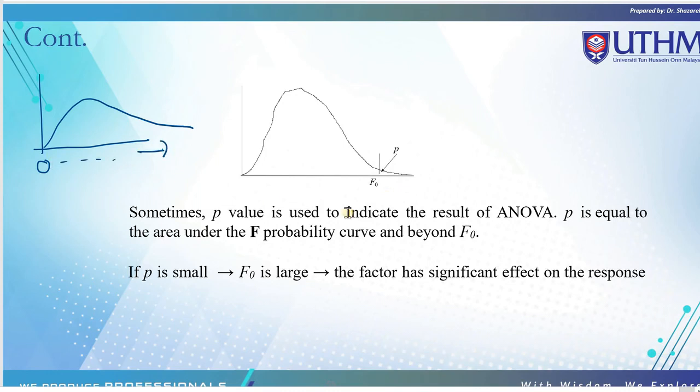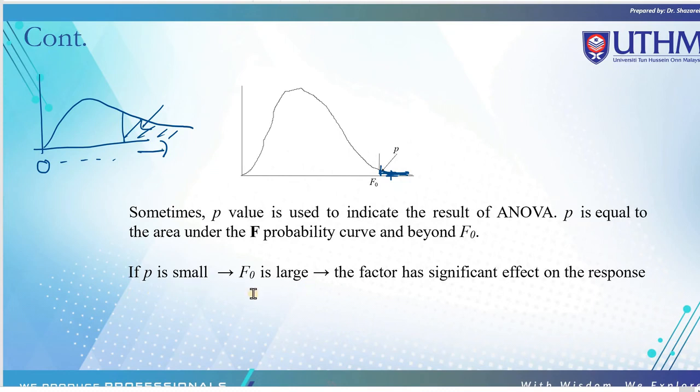if the F naught, or the test ratio, is large, it means that the area here will be very small. Let's say we compare this one and this one. This is a very small area compared with this one. So this is where the P value is. It means that if the P is small, F naught is large.